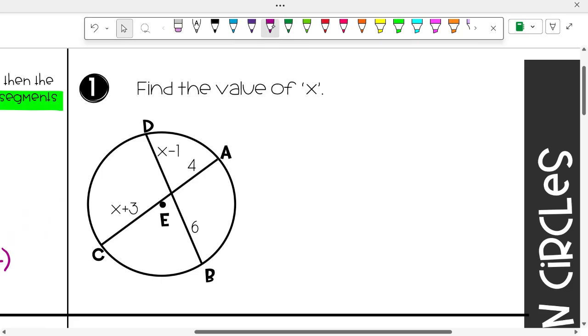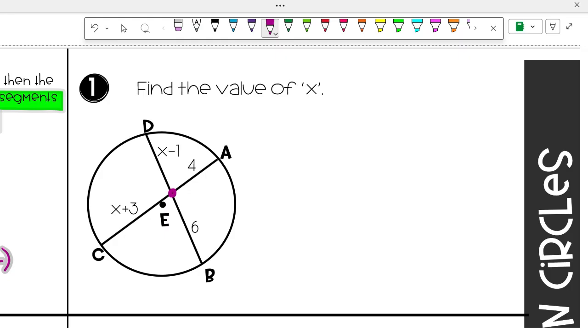So before we actually do any setup, let's just kind of break down what's going on. So DB and AC intersect at that point, which means that the two pieces for DB are here and here. And the two pieces for AC are here and here.